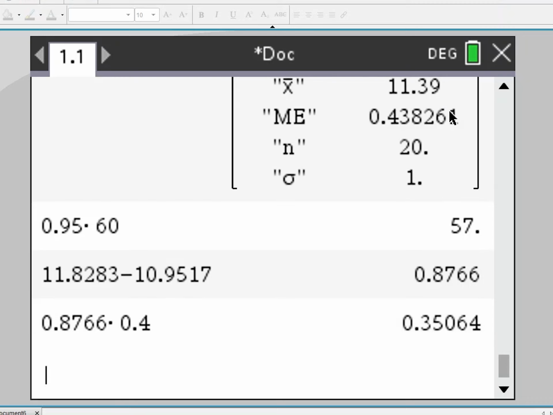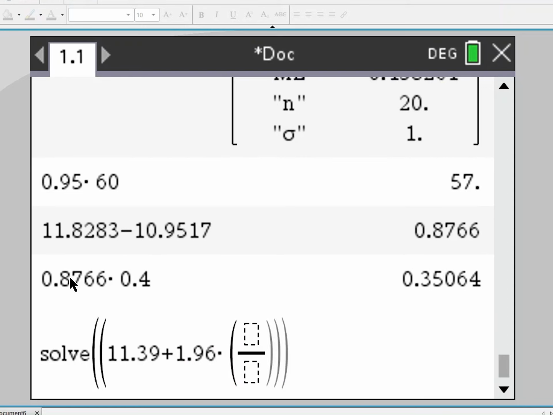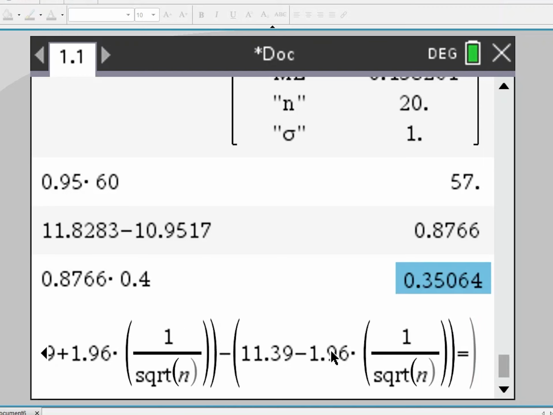Our sample mean 11.39 minus, okay, I'm going to say bigger minus smaller, so 1.96 times the standard deviation, which is 1 divided by, we don't know the number of koalas required as of now, so I'm just going to say n, and then minus, again the same thing except for the minus sign, like so, and equals that amount of width.